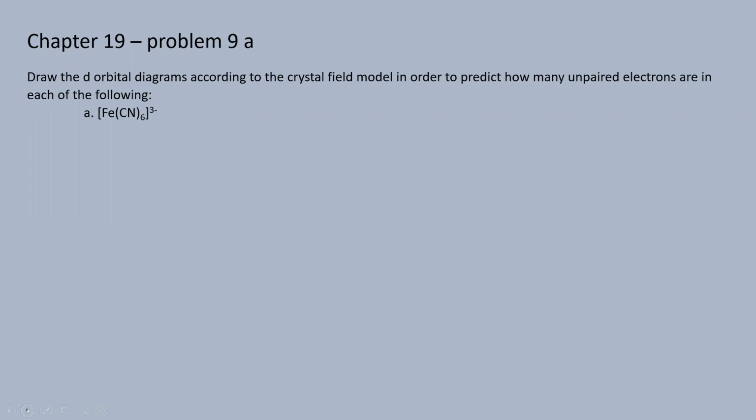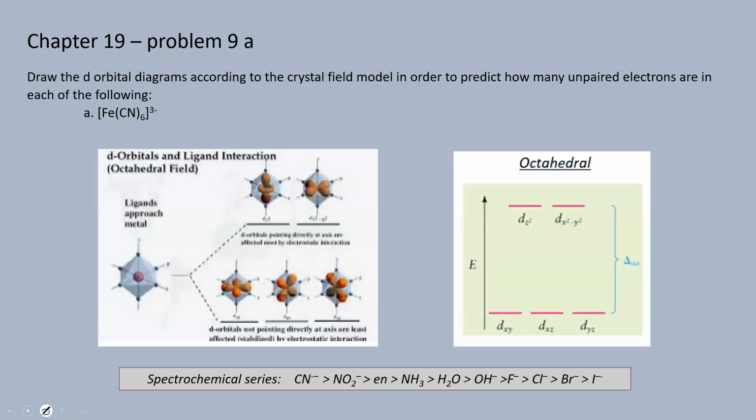So first we want to address what it means by the crystal field model. This is a model that explains the energy gap between the d orbitals due to the presence of the ligands. On the left here, we are looking at an octahedral splitting pattern.